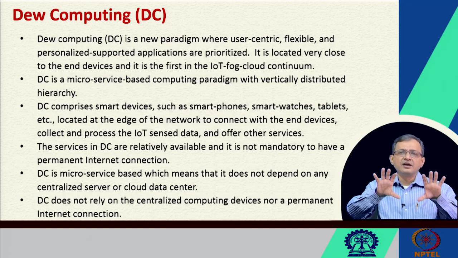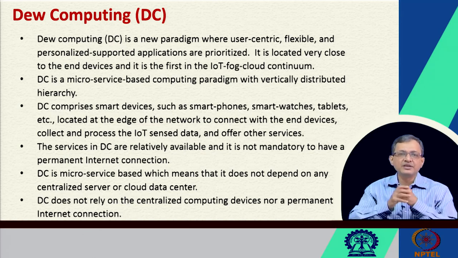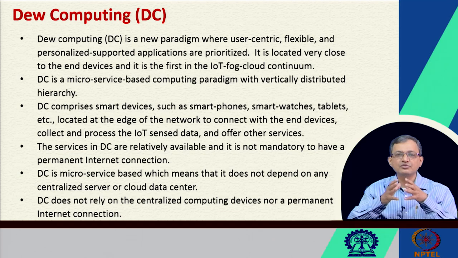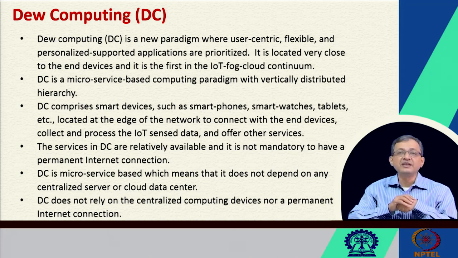So, it is a little bit jumbled up, too many lines on this slide, but let us go a little slowly and try to have the whole thing in a bundle, right. So, it is a paradigm which is user centric, right, and highly flexible, and personalized supported applications are prioritized.